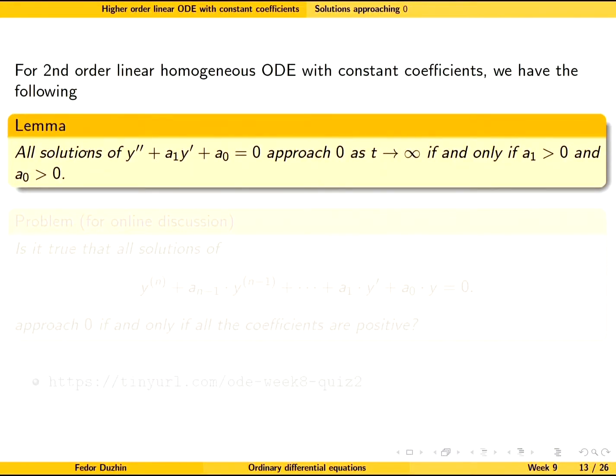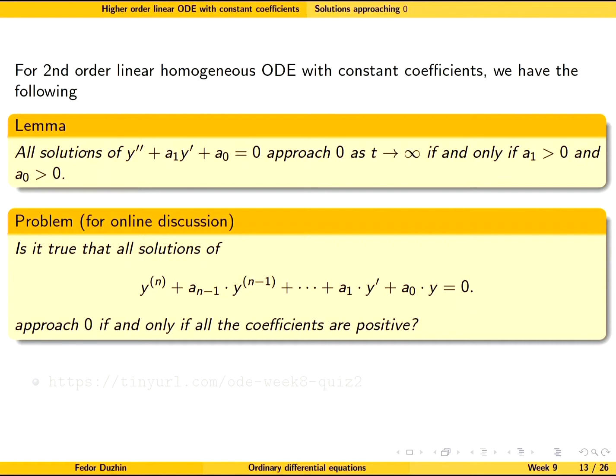All right. Now one little remark. It is actually a very nice and challenging question, and if you like a bit of a challenge, I suggest that you try to solve it. Recall that for second order linear homogeneous ordinary differential equations with constant coefficients, we have this lemma that all solutions approach 0 if and only if both coefficients are positive.